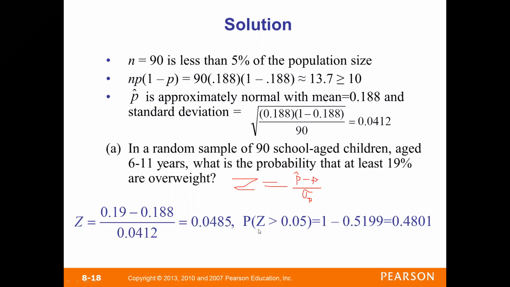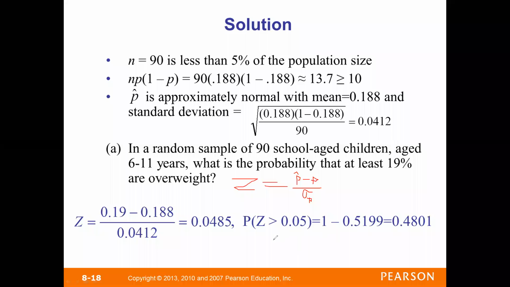I now want the probability that z is bigger than 0.05, which is the same thing as, remember, 1 minus the probability that z is less than 0.05, which is where the 1 minus 0.5199 came from.